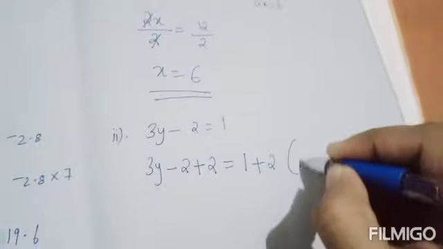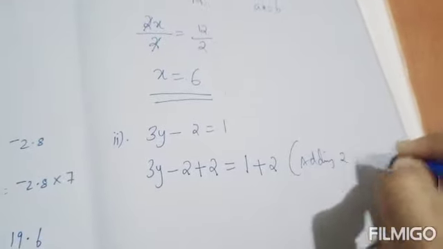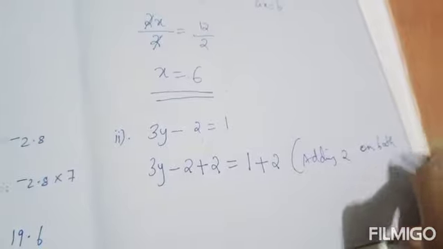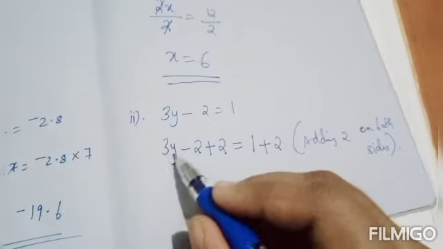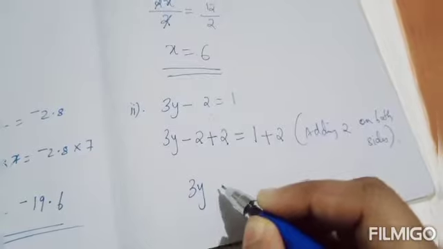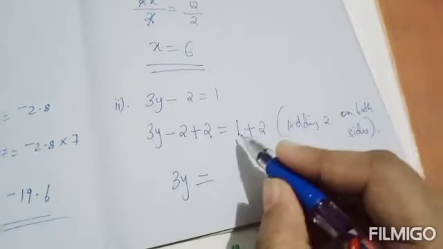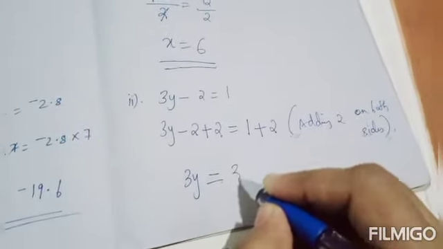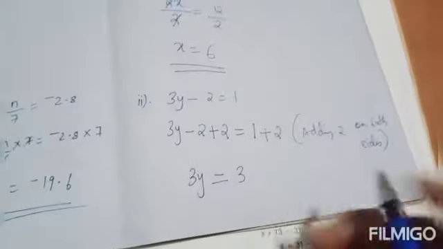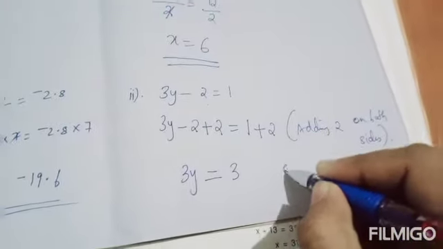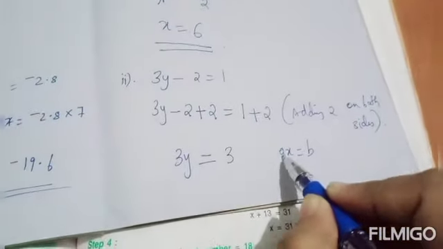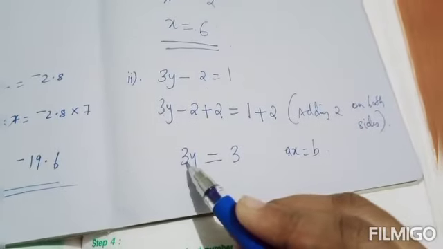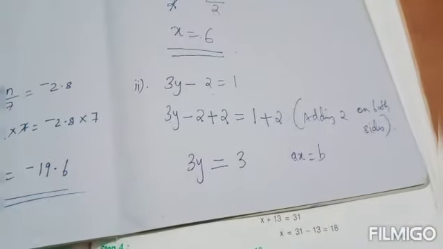Adding 2 on both sides. So minus 2 plus 2, it will be 0. So remaining here 3y only. 3y equal to 1 plus 2, it is 3. So 3y equal to 3 is of the form ax equal to b, where in place of a, 3 is coming.